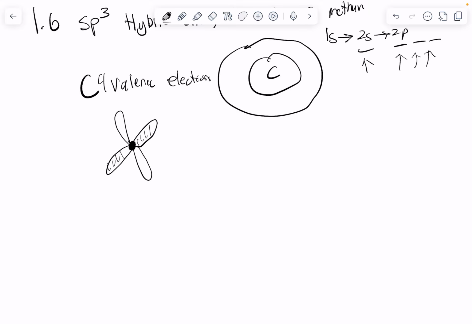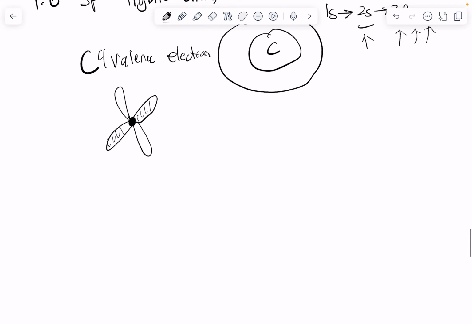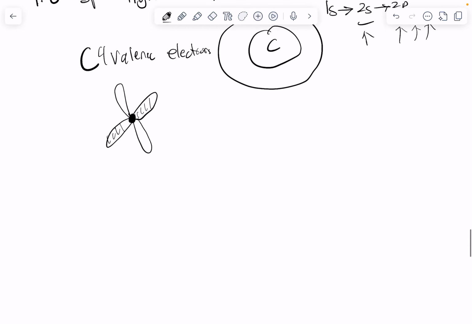So let's think about methane, right? So let's think about carbon with these orbitals. So we got carbon here, and we need one for everybody. So carbon has all these orbitals, right? It has the 2s and 3p.